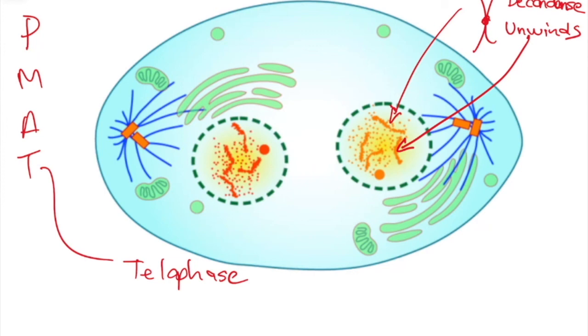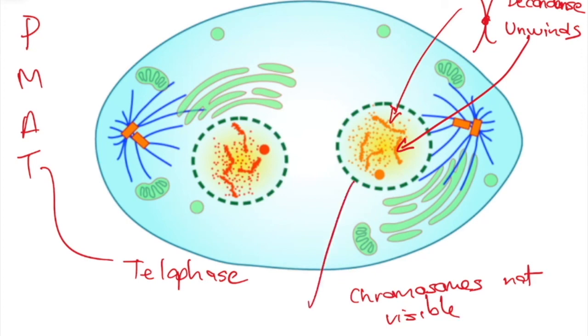Chromosomes are no longer visible, certainly not as the double-stranded. And we're starting to get reformation of nuclear membranes. So the nuclear membranes are starting to reform, and our chromosomes are at opposite poles.